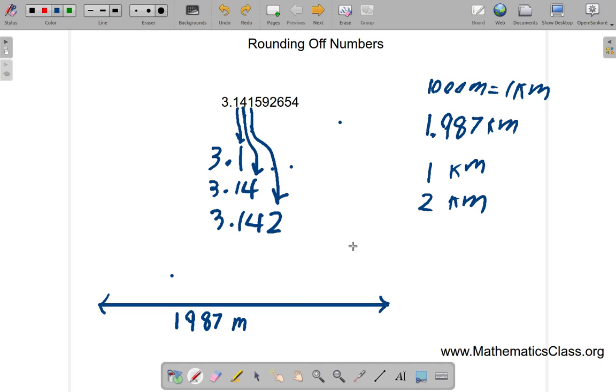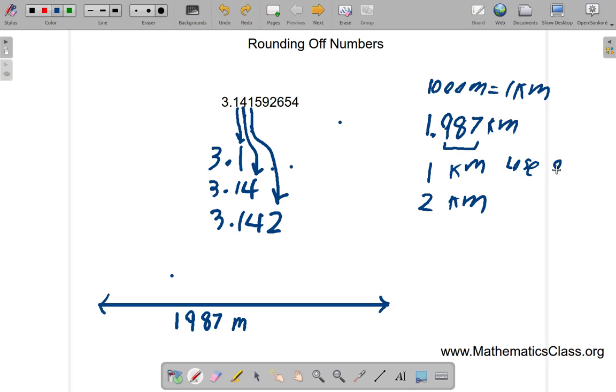Now let's see something. If you write 1 kilometer, it would be a bit short, and you would lose some value. If you subtract 1000 from this and you write 1 kilometer, you would lose the 987.